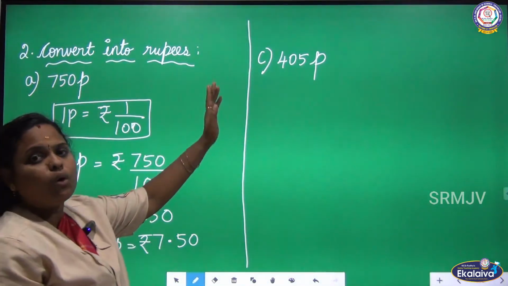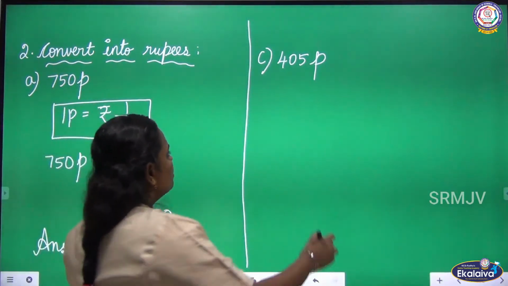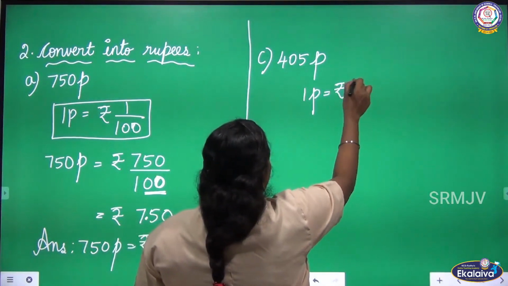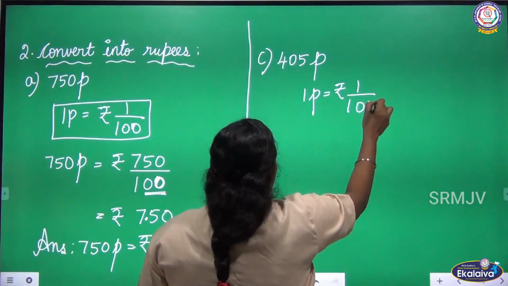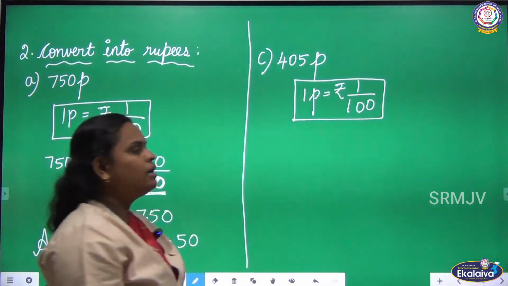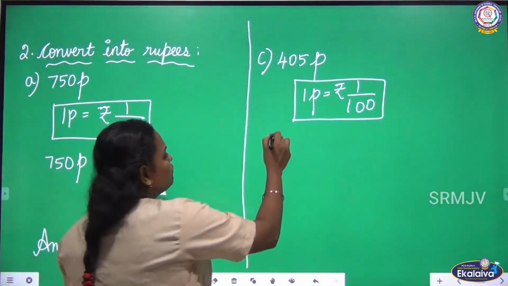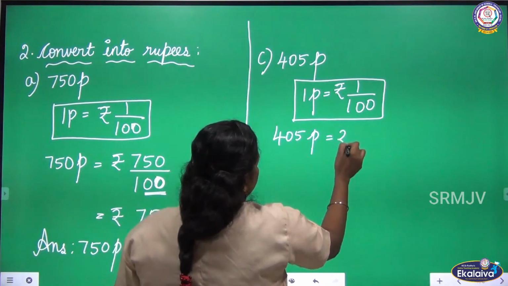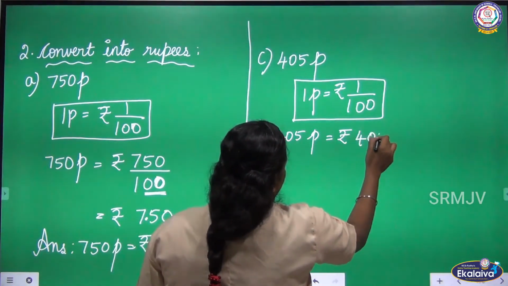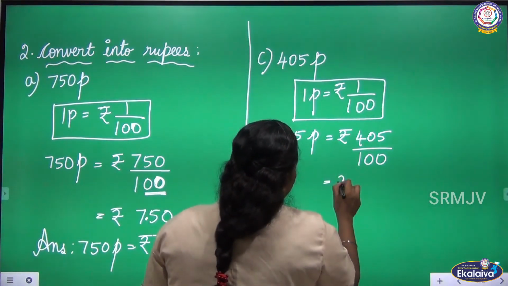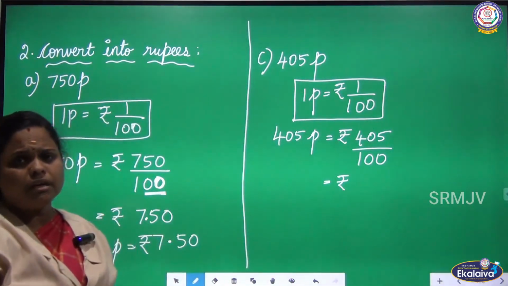Next one, 405 paise. So 1 paise equal to rupees 1 by 100. So 405 paise equal to rupees 405 by 100. Here also you look at the denominator, children. So in the denominator 100.